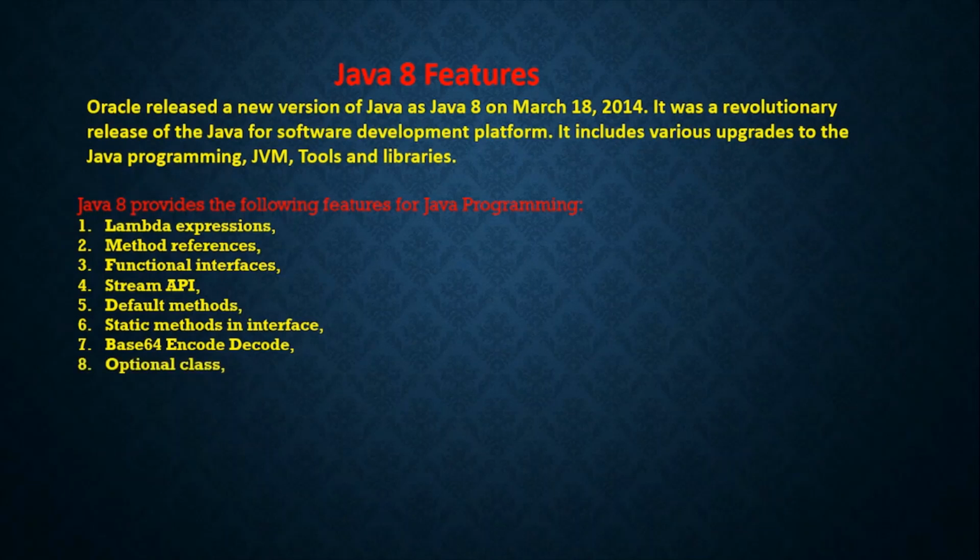Optional classes are very important whenever we are working on a real-time project and checking validations. Before working with some object, we can make use of optional classes. There is also nullable, with which we can do a null check.